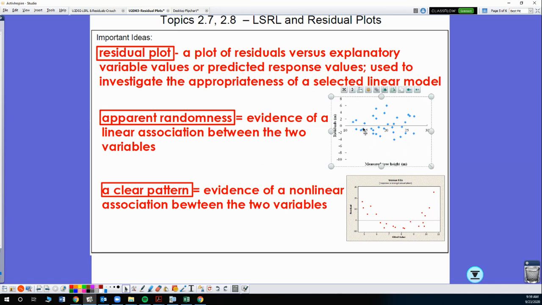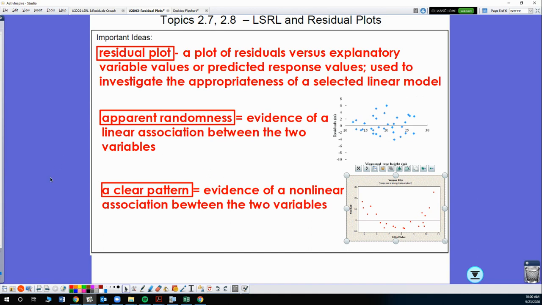This one is basically random. There's no pattern there. So that's evidence of a linear association. And this one has a pattern, that U shape again. So that's evidence of a nonlinear association between the variables. So that's important that we identify those 3 important ideas here.